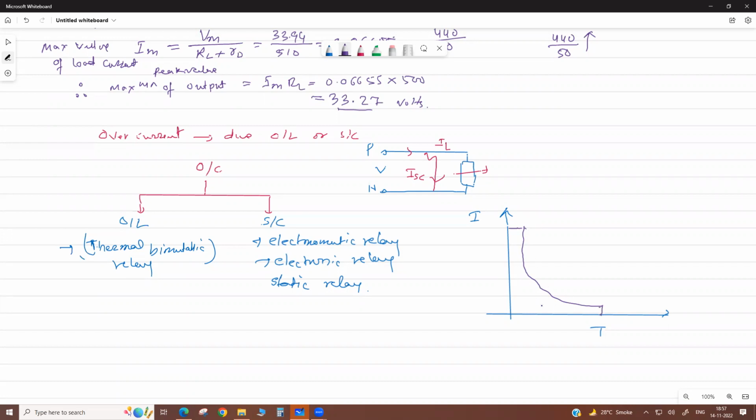See here, when the current suddenly increases to a high value, it is very high for a short time, like this. This is suppose T1. So this is the minimum time.